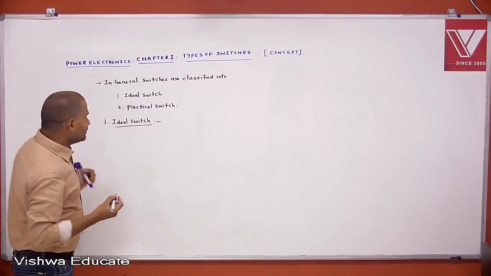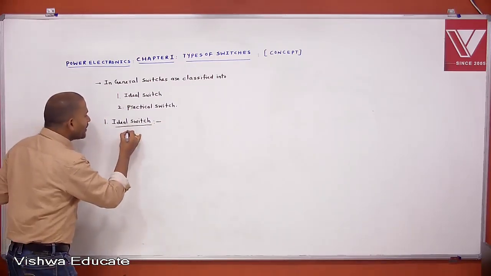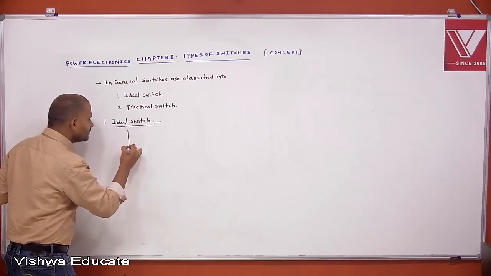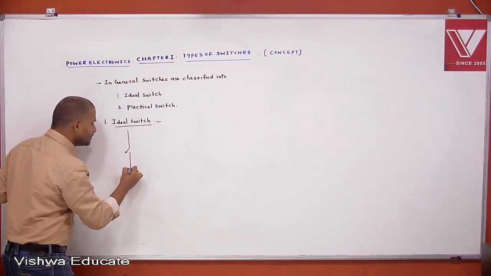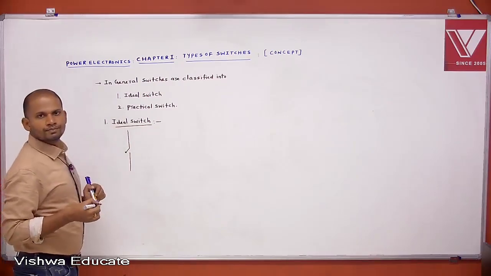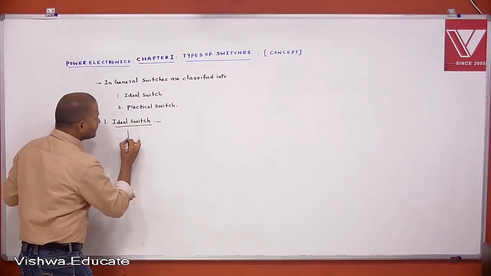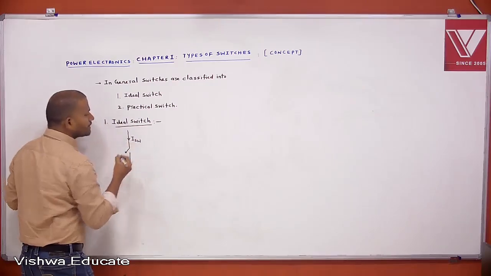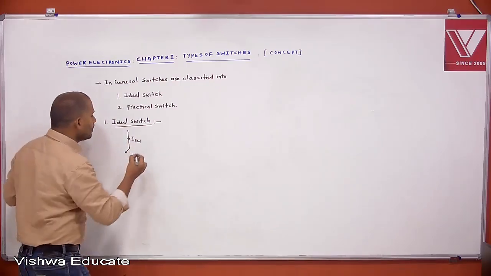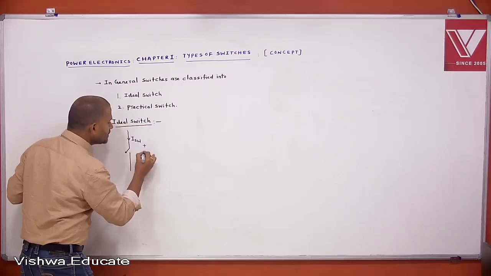In general, a switch can be represented like this. This is a representation of switch. Let the current through the switch be ISW, and the voltage across the switch be VSW.